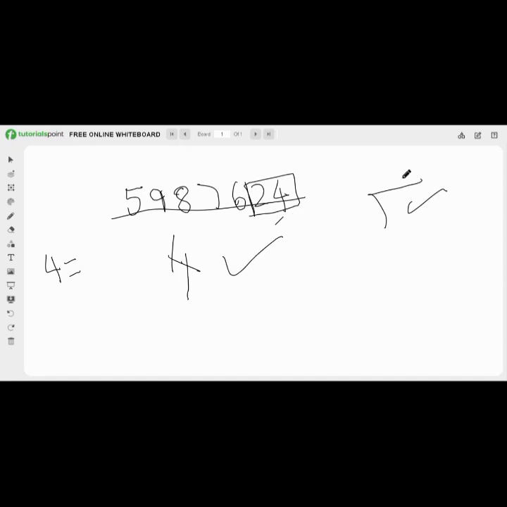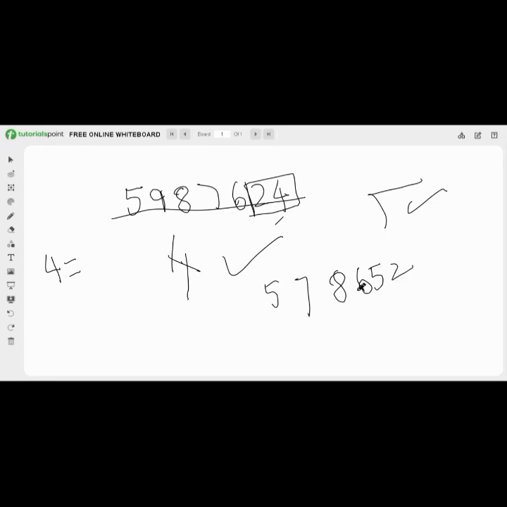I'll give you a sum to solve so you can write it yourself. The number is 5, 7, 8, 6, 5, 2.